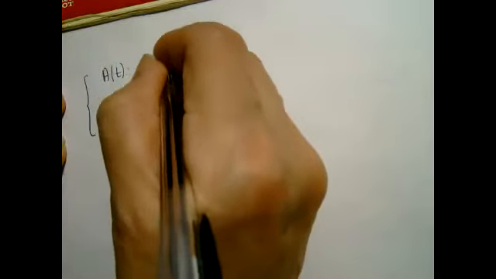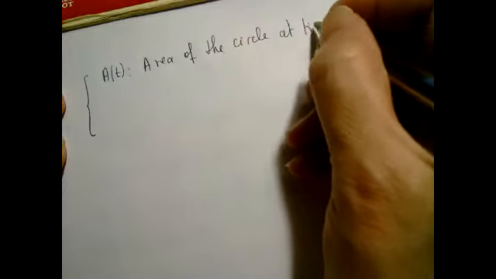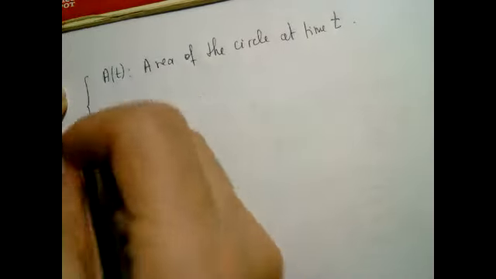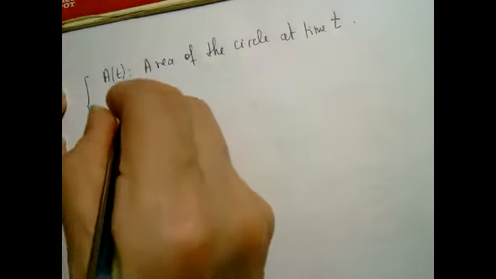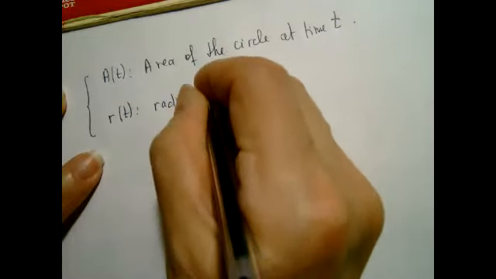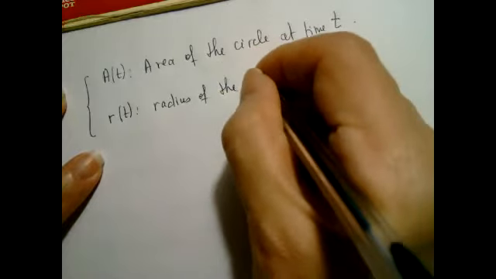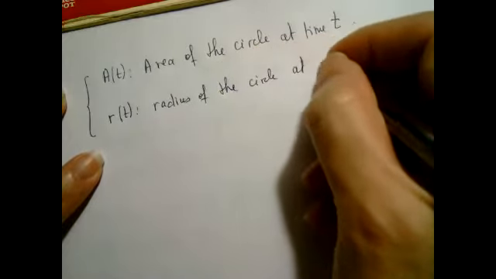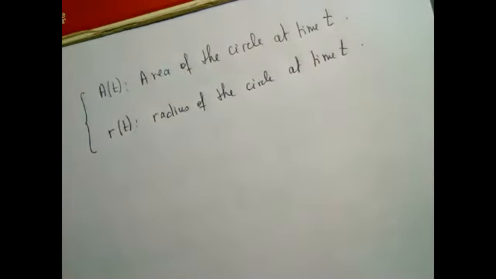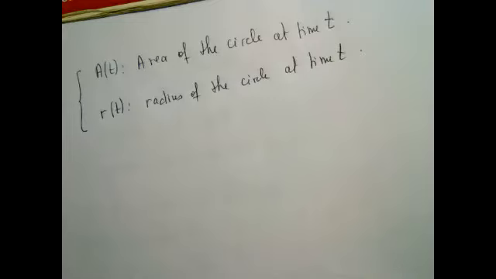I'm going to call A of t the area of the circle at time t. And then another thing that's changing is the radius. So I'm going to call r of t the radius of the circle at time t. That's what's changing with time, the area and the radius.